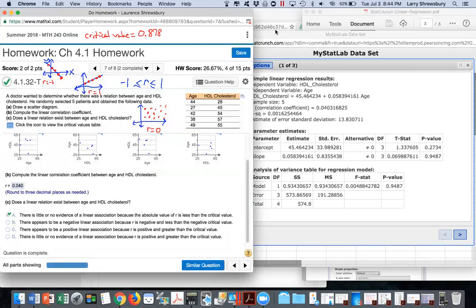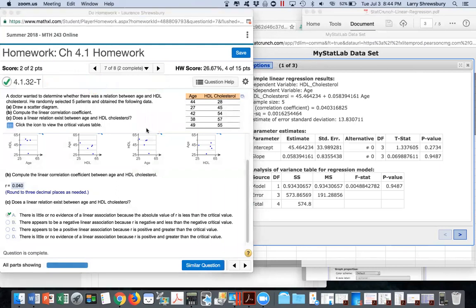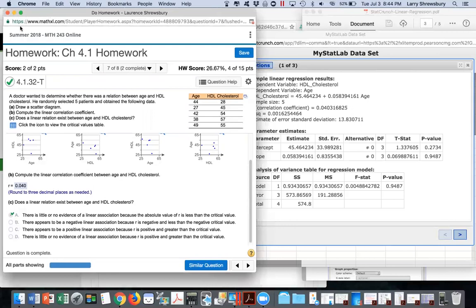All right, so let's clear that. Now let's do something from 4.2. So in 4.2, we're going to use our calculator because we've got to get some calculator practice here.